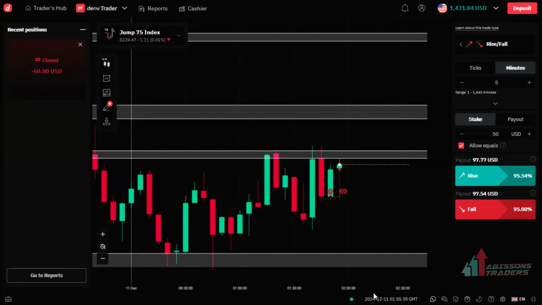So I'll place the trade immediately when the price enters my resistance zone. All right, so let's wait for the price to reach the zone.